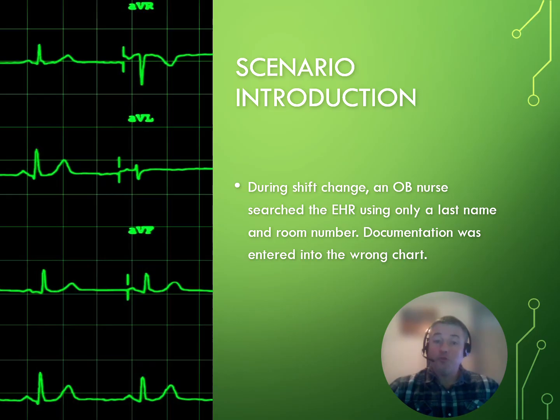Because 2 patients had similar names, documentation was entered into the wrong chart. Situations like this can lead to medical errors, incorrect treatment, patient privacy concerns, and overall delays in the very important care we need to give them. So this particular example highlights why nurses must consistently follow patient identification policies, even during stressful or fast-moving workflows.